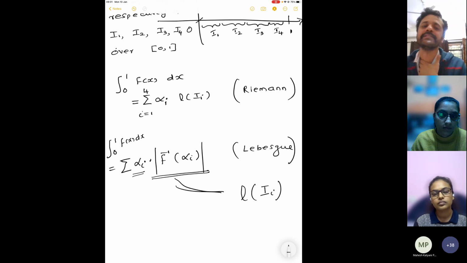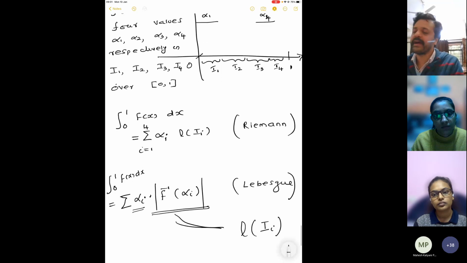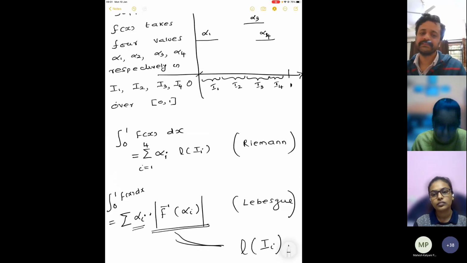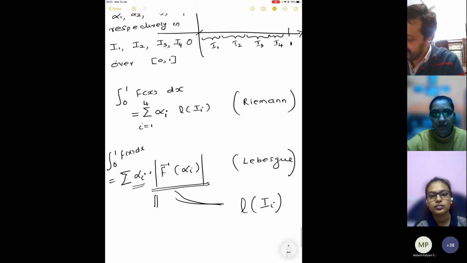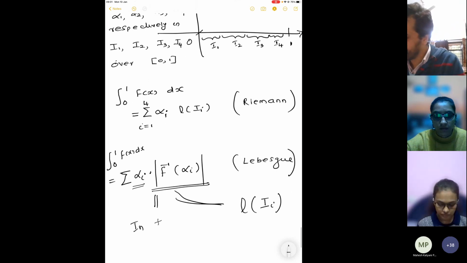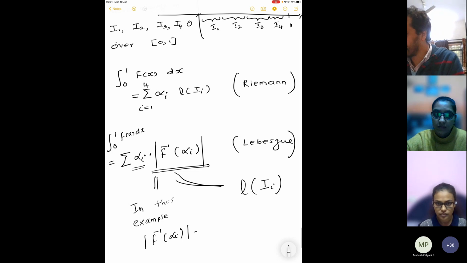But do you see one issue here? In this case, f inverse of alpha i coincided with intervals, and you can talk about the length of an interval. In this example, the size of f inverse of alpha i is what I have already written, that is the length of Ii.